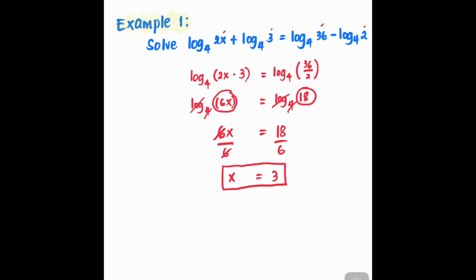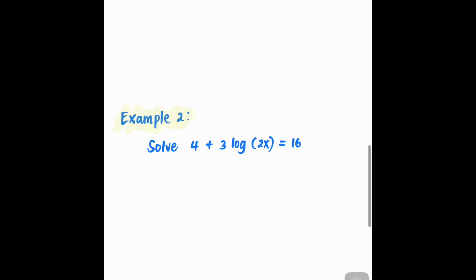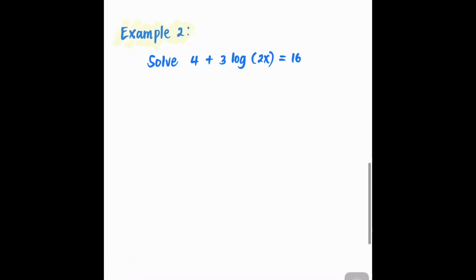So let's move on to the second example. Example number 2. Solve the given logarithmic equation. As you can see from here, we were given 4 plus 3 log of 2x equals 16.